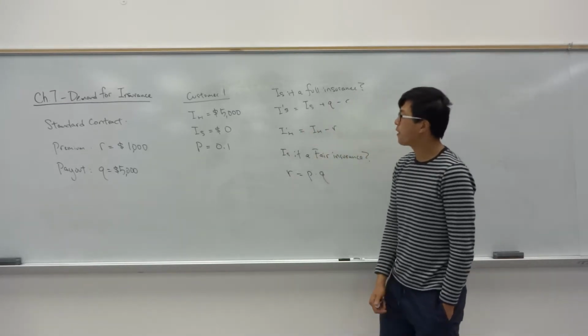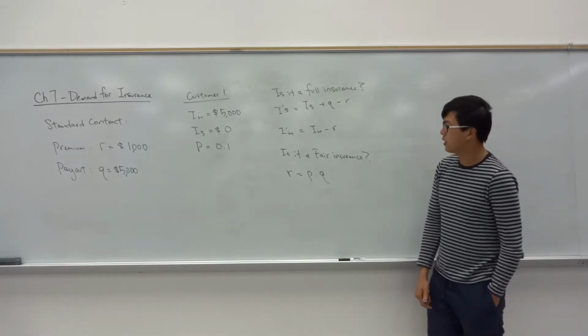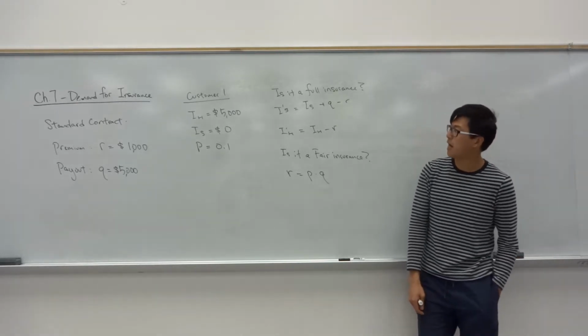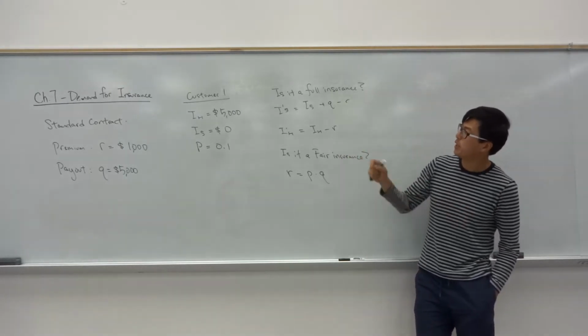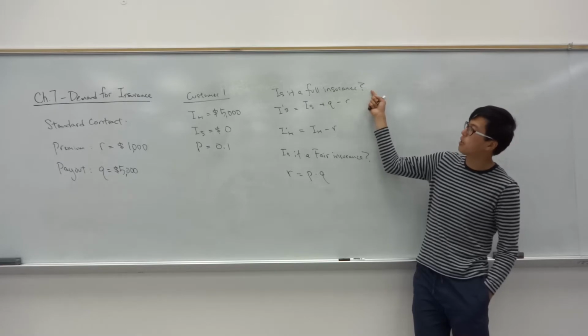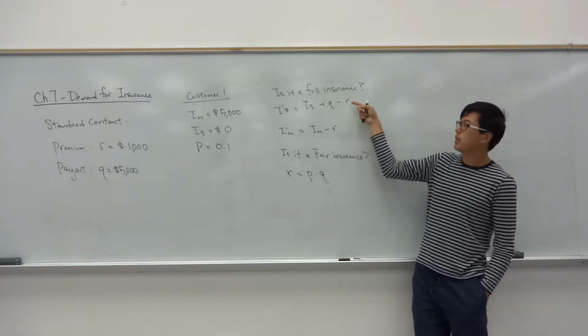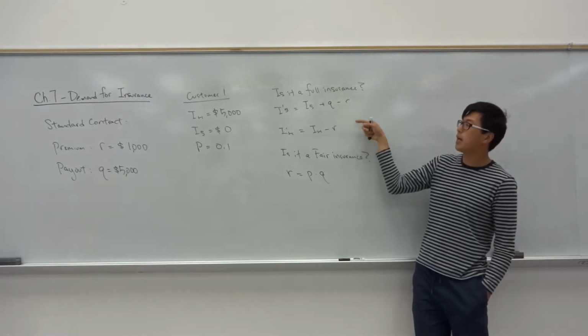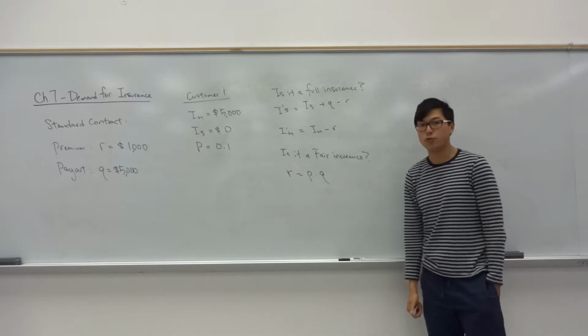In order to figure out the fairness or the fullness of the insurance, we have to calculate a few things. Number one, to find out the fullness of the insurance, we have to compare the income when sick and the income when healthy with the purchase of insurance.